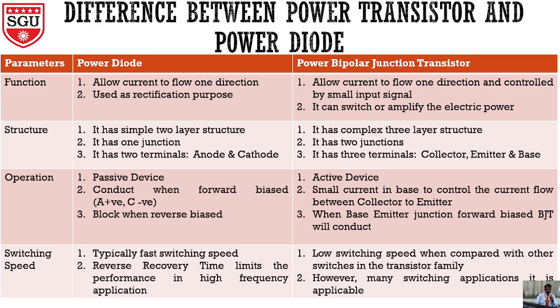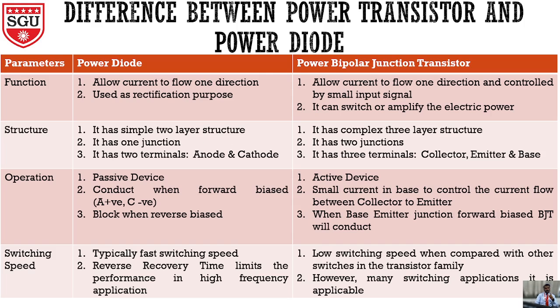Then structure-wise, in the power diode the terminals are anode and cathode. At the same time, power bipolar junction transistor terminals are collector, emitter and base. So collector and emitter are power terminals, base and emitter is the control terminal. Then operation-wise, the power diode is a passive device.